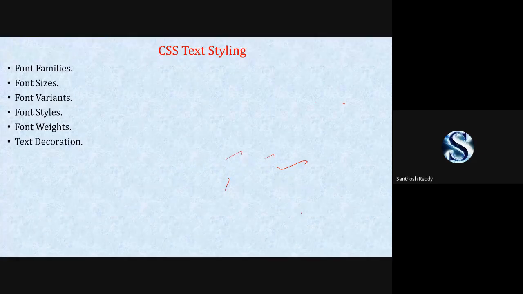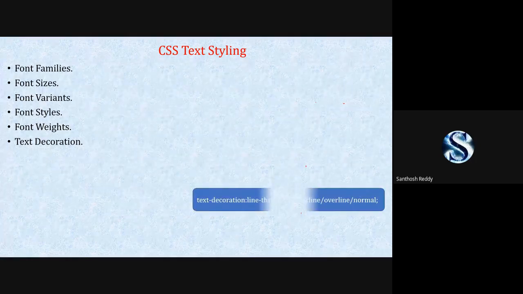Text decoration. Can anyone say what you mean by text decoration? We used to go with strikes like this. The same way here for text decoration, we have line-through, in the sense strike off, underline, which will underline your content, overline, and normal. Understood? Line-through will strike off your content.